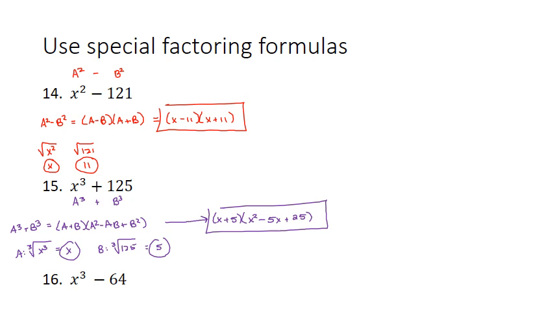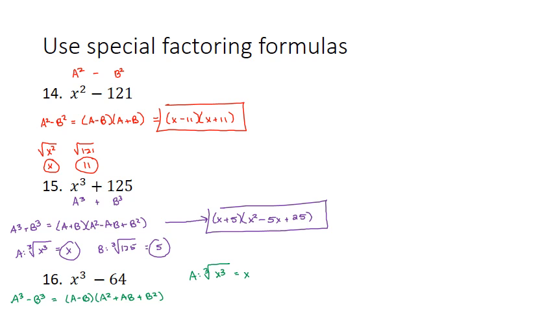All right, and then very similar on number 16, since this first term is cubed, that means that we're going to be able to write this as a cubed minus b cubed, which has a slightly different formula, because now you're going to do a minus b times a squared plus ab plus b squared. All right, to find my a, that one we kind of already did, but I'll do it again. You're going to take the cube root of the first term.